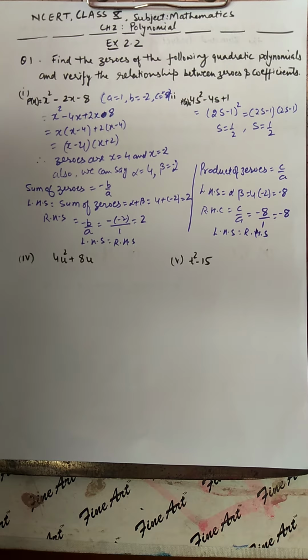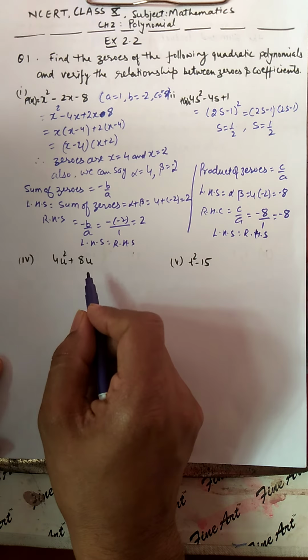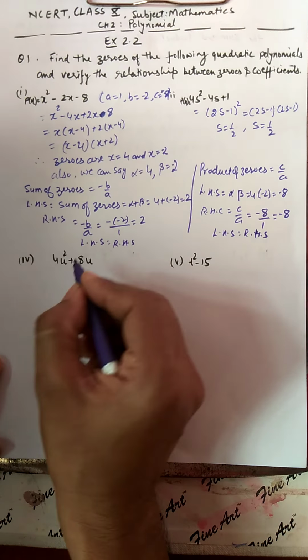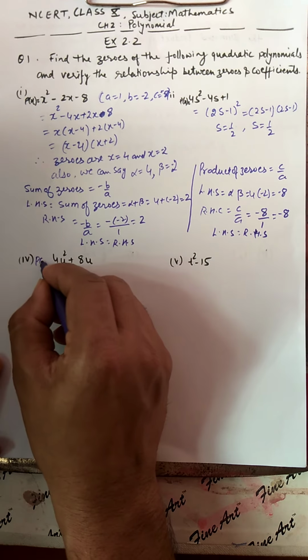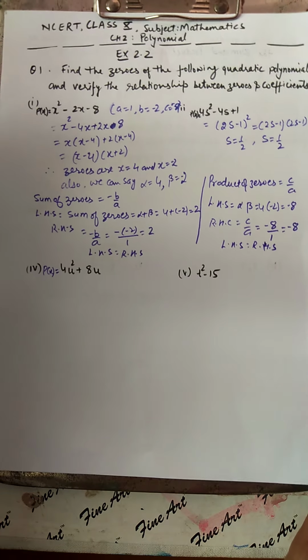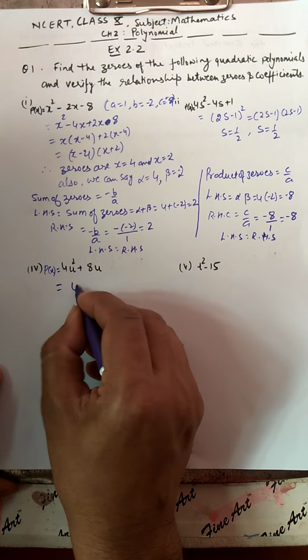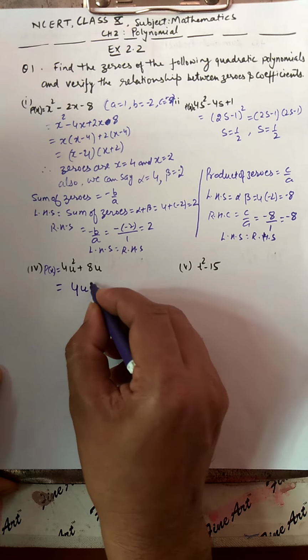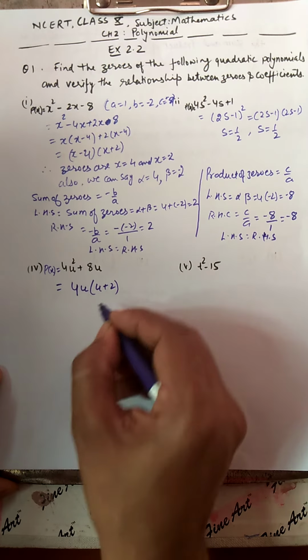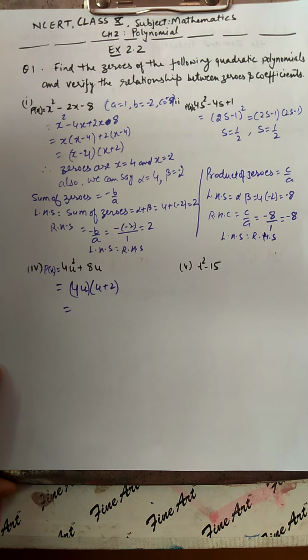Now I am coming to the fourth part of this question, which is 4u square plus 8u. Let this be p(x). This is a polynomial, so let it be p(x). Now we'll simplify this. You can see the common factor is 4u, so 4u(u plus 2). So you have now two factors, 4u and u plus 2.